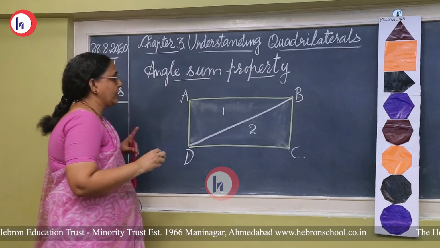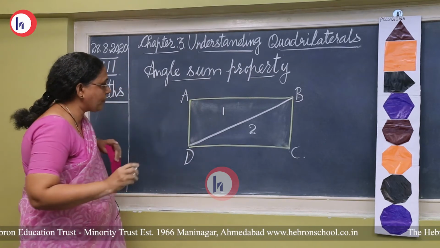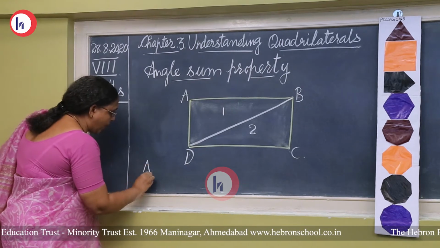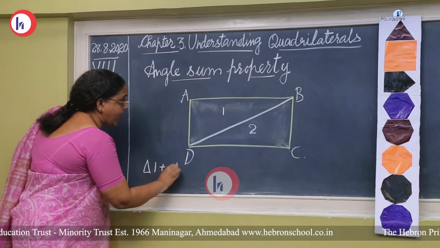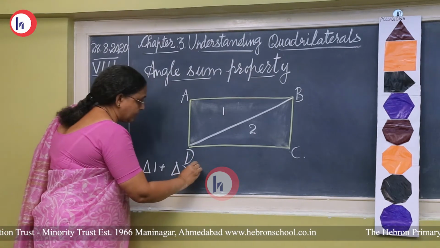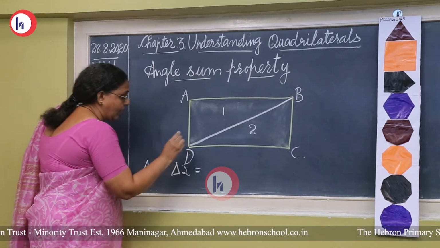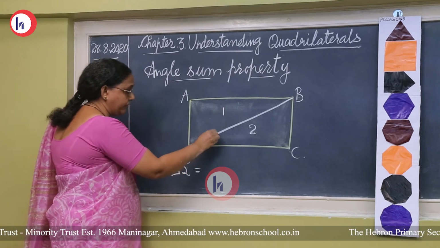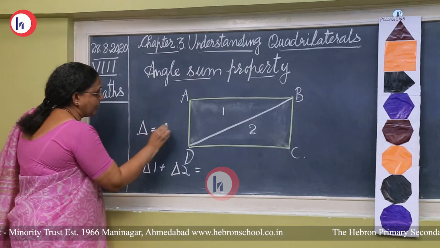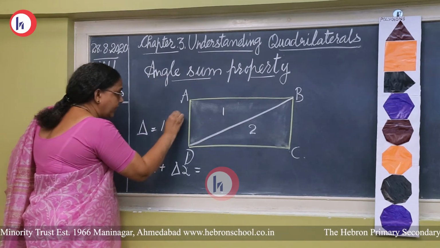So that angle sum property we can explain in this way. Triangle 1 plus triangle 2 is equal to how much? We have to find out the total sum. We already know that the sum of one triangle is 180 degree.